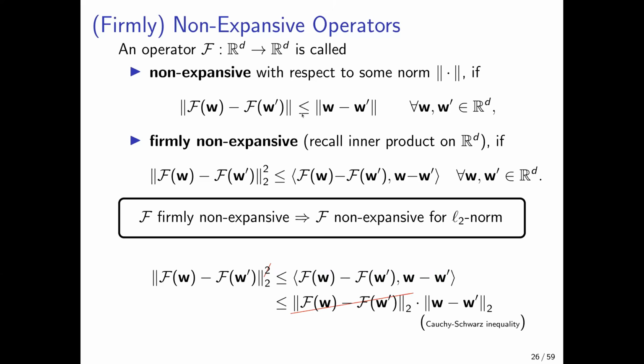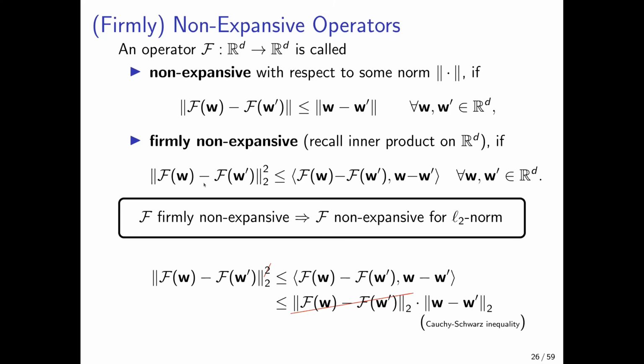Then secondly, let us also consider firmly non-expansive operators, and we define them for the L2 norm and the standard inner product on R^D in the following way. Namely, we require that this inner product between this distance difference vector and the difference vector of the images of w and w prime must be an upper bound for this squared distance with respect to the L2 norm.